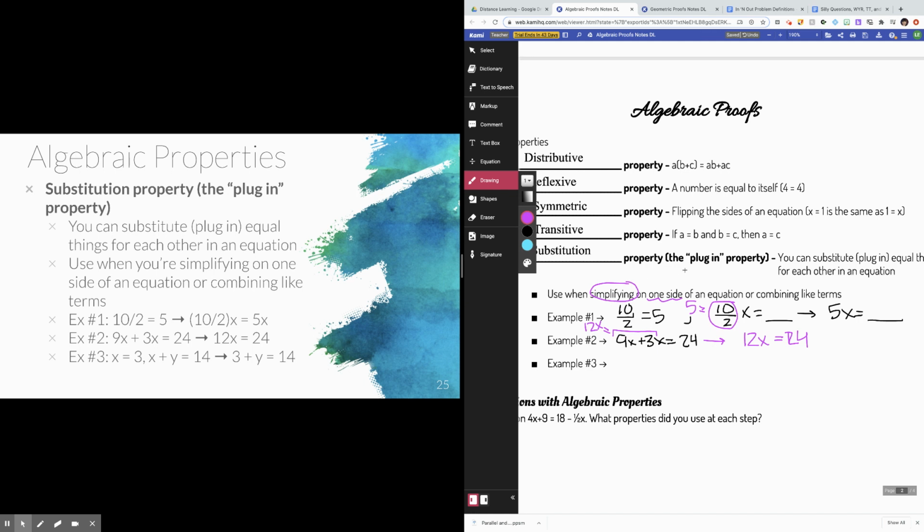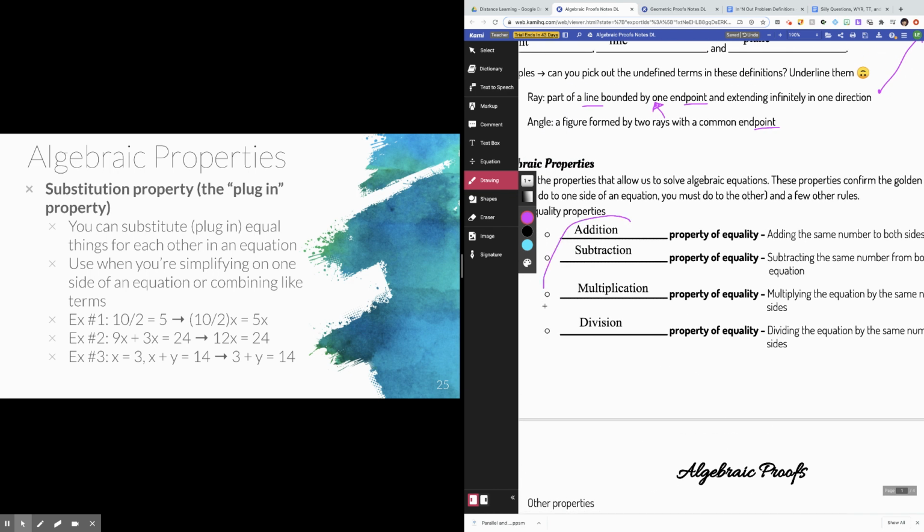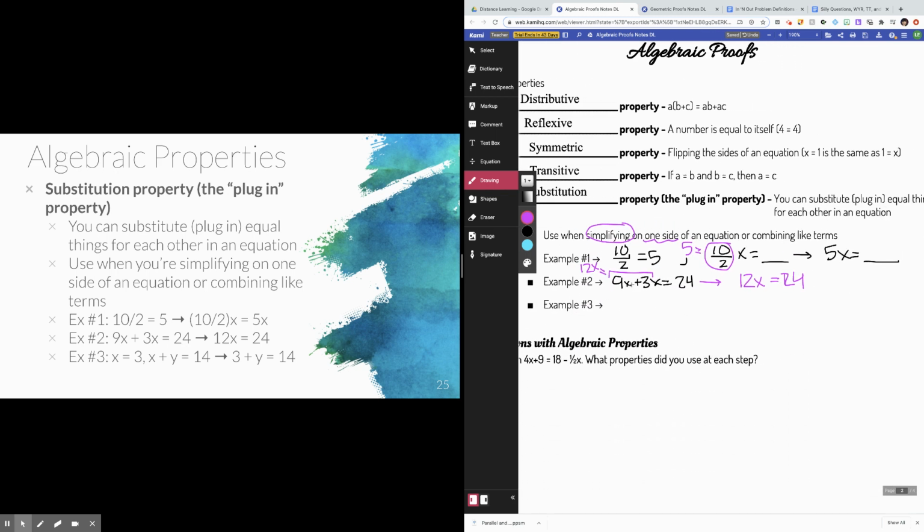When you are doing something to both sides of an equation, that's always the addition, subtraction, multiplication, and division properties. But here I was only adding on one side of the equal sign, so that's not the addition property because it doesn't happen to both sides. It's the substitution property because it's only happening to one side.